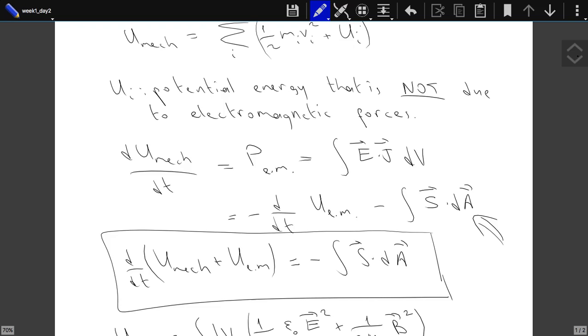If you compare it with the unit of the current density, current density was charge passing through a given area, that's charge per area per unit time. So this one is energy per unit area per unit time.